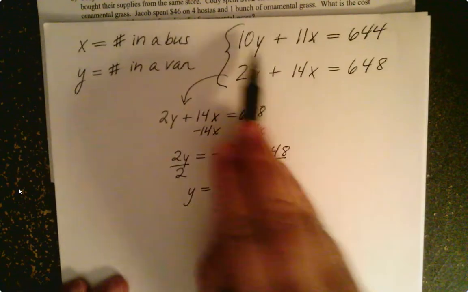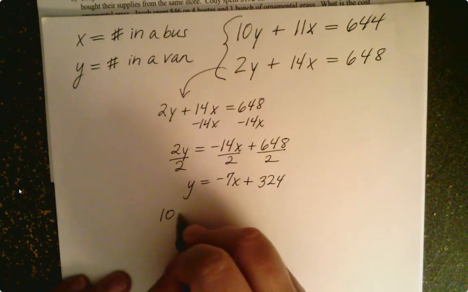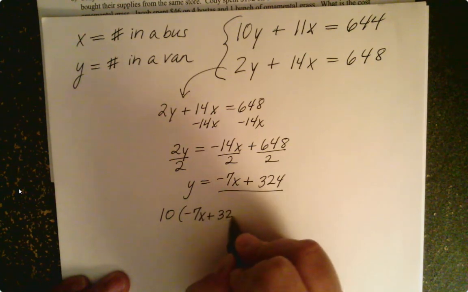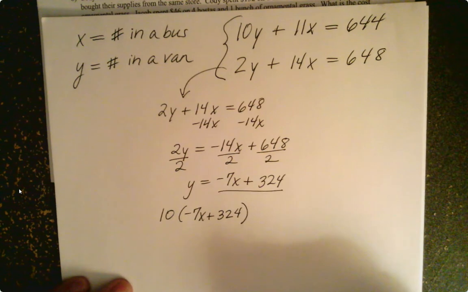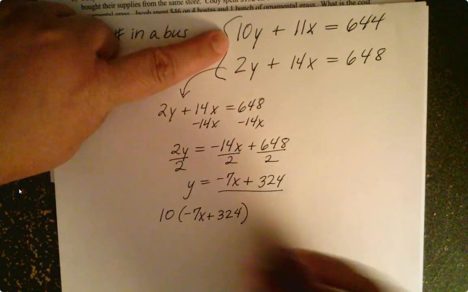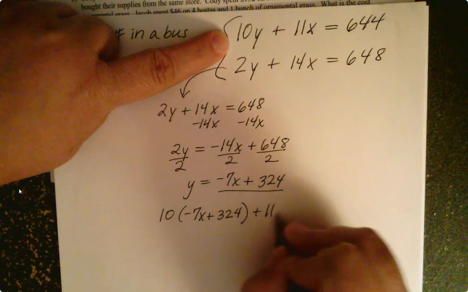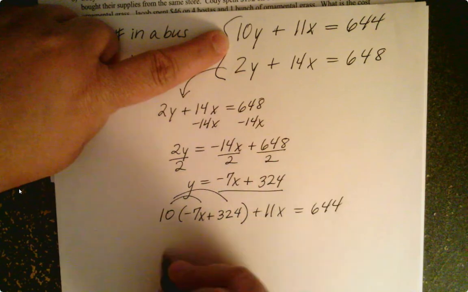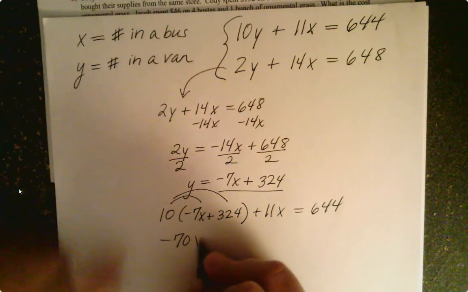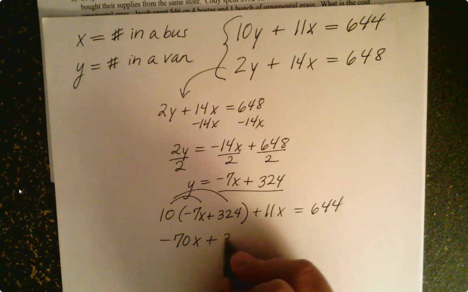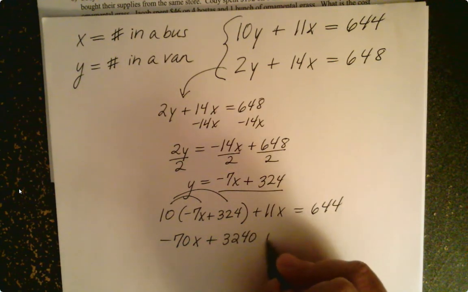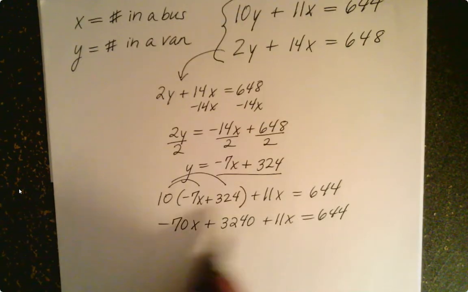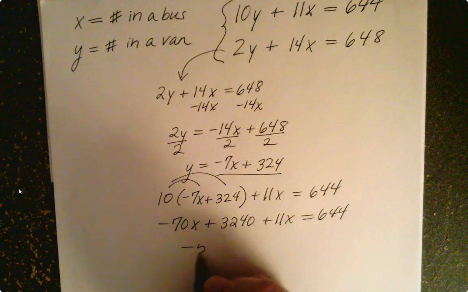So I go to the other equation, and 10 times y becomes 10 times all of that. Instead of y, I'm putting negative 7x plus 324. So this is me putting it in this equation: 10 times y plus 11x equals 644. Let's use the distributive property. Negative 70x plus 3,240 plus 11x equals 644. Negative 70 plus 11 is negative 59x.